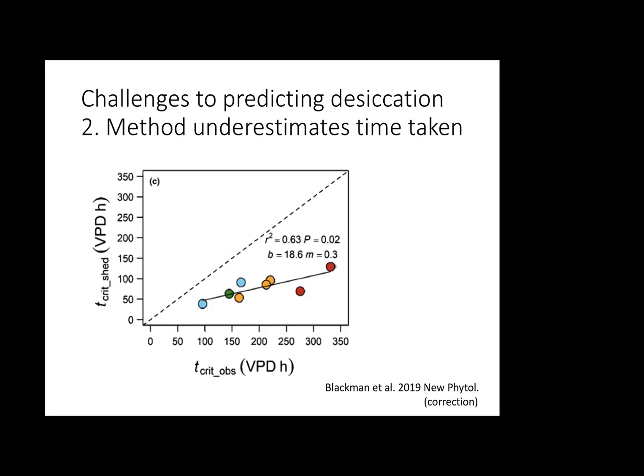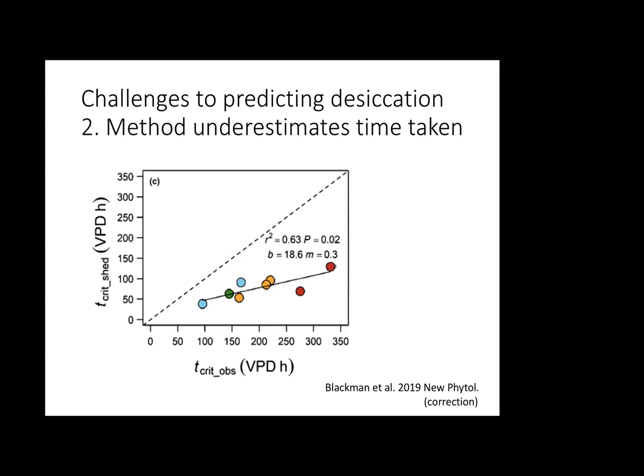And so we're estimating that it is too rapid, which, nonetheless, predicts the variance across species, but there's obviously more to it than just thinking about what water is available in the plant and what rate it's depleted at.